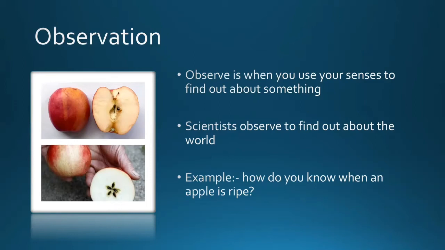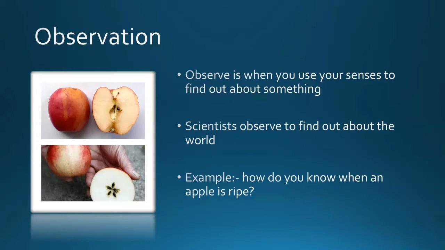What do you want to find out? We want to know whether the apple is ready to eat now or not. The apple is ripe or not. Okay, so what is this something? What do you study? Now we study the apple.